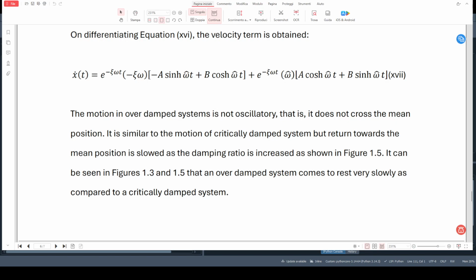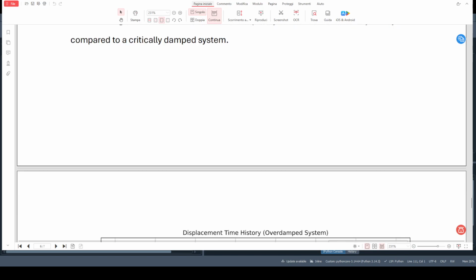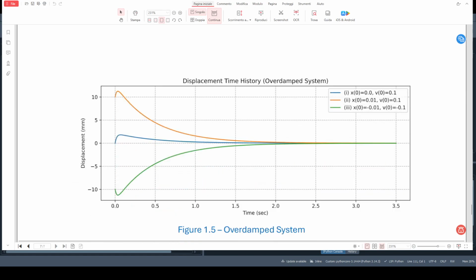The motion of the overdamped system is not oscillatory, that is, it does not cross the mean position. It's similar to the motion of the critical damped system and returns towards the mean position slowly due to the damping ratio. And we can see the solution in this figure 1.